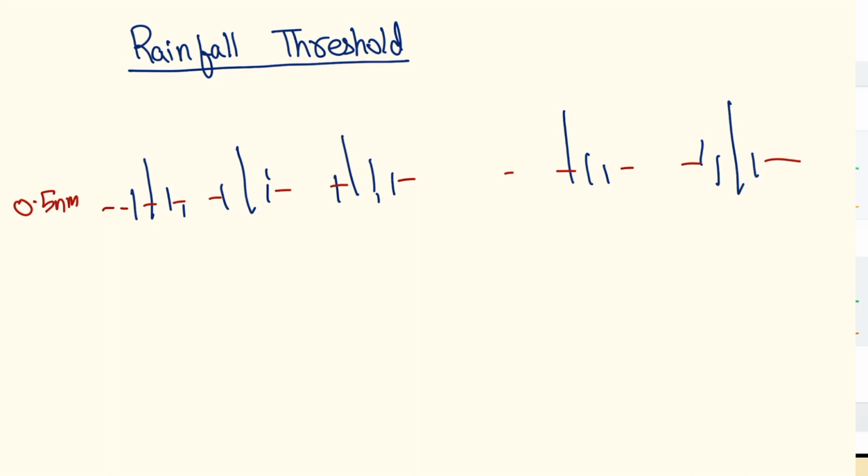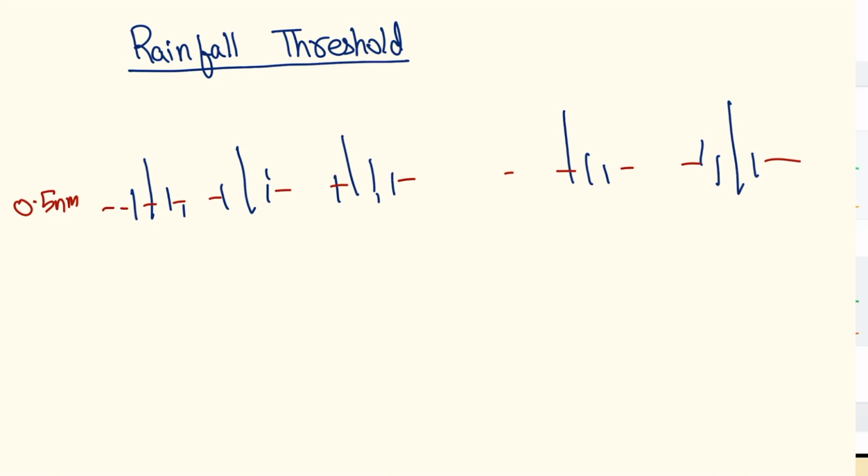We have a 15-minute time series. So one way is to define our threshold as instantaneous: we look for periods where the rainfall rate is above a minimum threshold, let's say 0.5 millimeter.